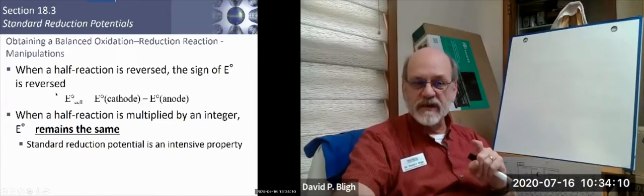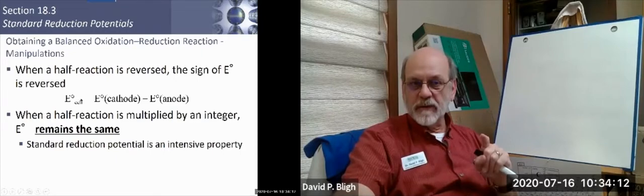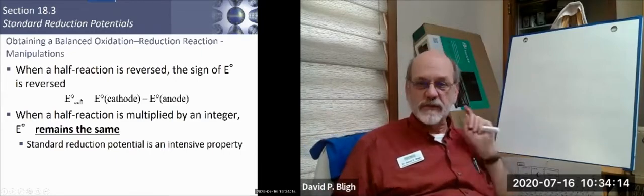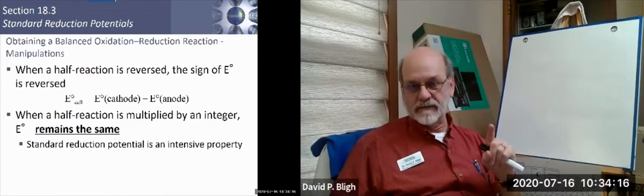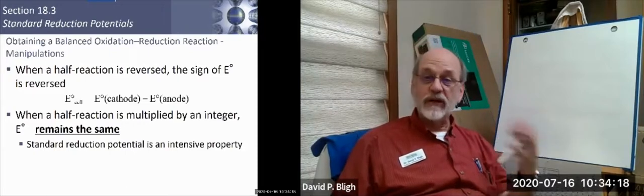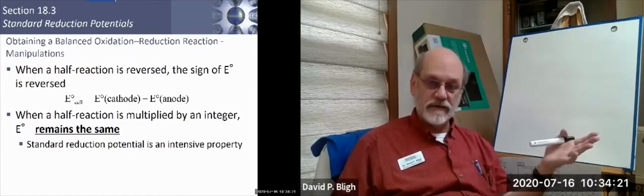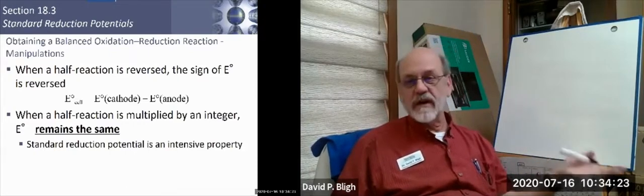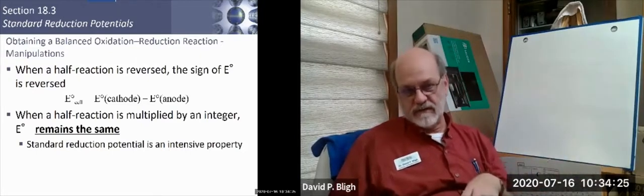So a positive potential for your cell means spontaneity. Remember, the delta G has to be negative, but the voltage has to be positive.